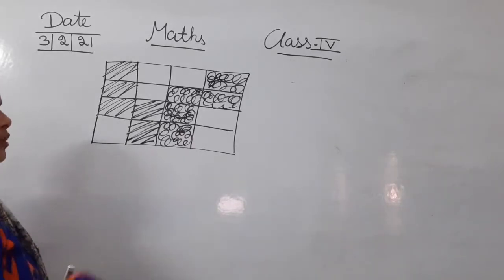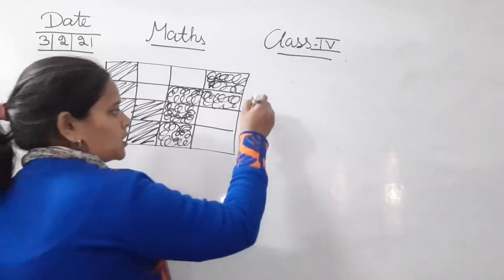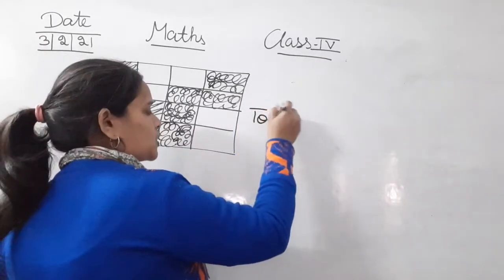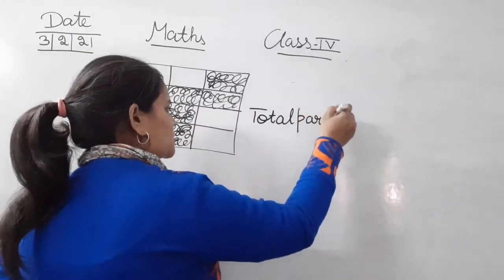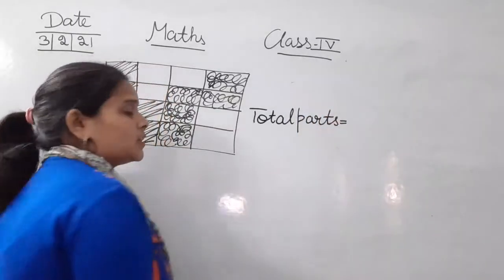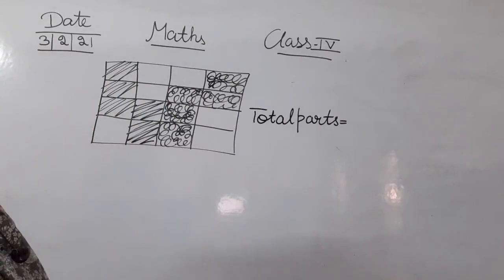So first of all we will write the total parts. If we are given such a question, we have to see in how many equal parts the given figure is divided. This is the first thing that you have to observe.